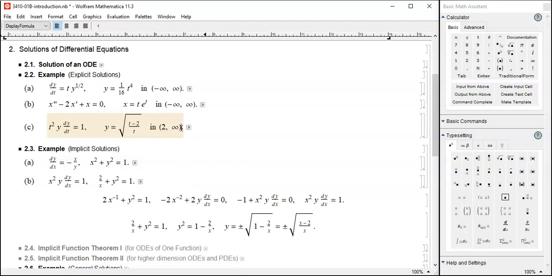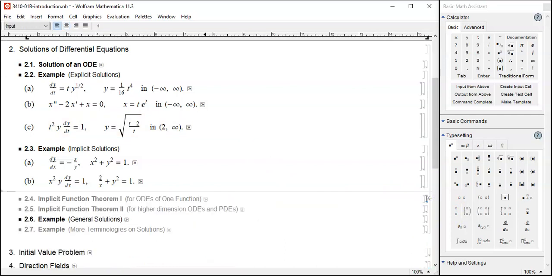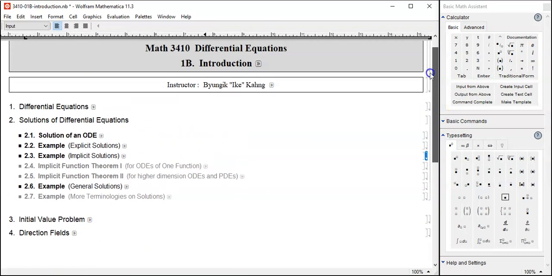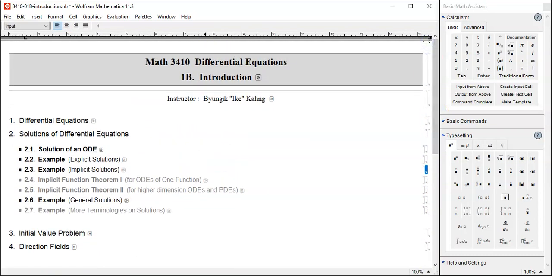But the trade-off is, of course, you're losing some branches and some intervals here and there. You're losing some, but you're gaining more explicitness. There's a trade-off. Is it possible to solve all the time?